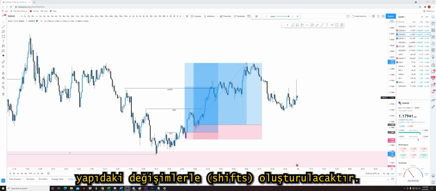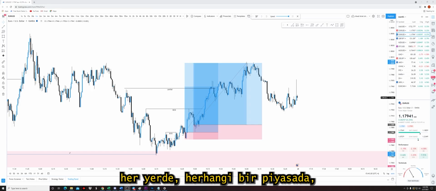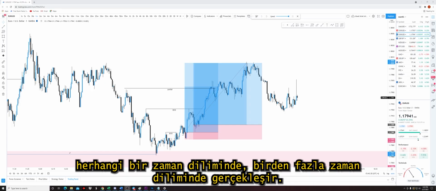or area to buys. Now, as we understand, these schematics or these specific areas occur absolutely everywhere, in any market, in any time frame, across multiple time frames.